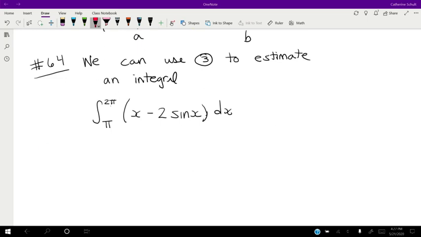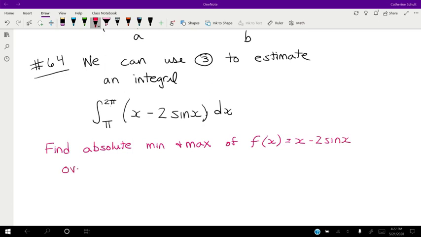Another way of thinking of that is we want to find the absolute min and max of that function on the closed interval pi to 2 pi.